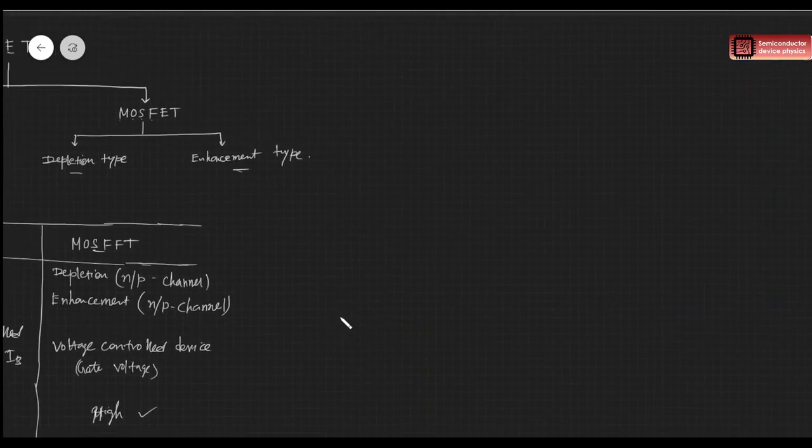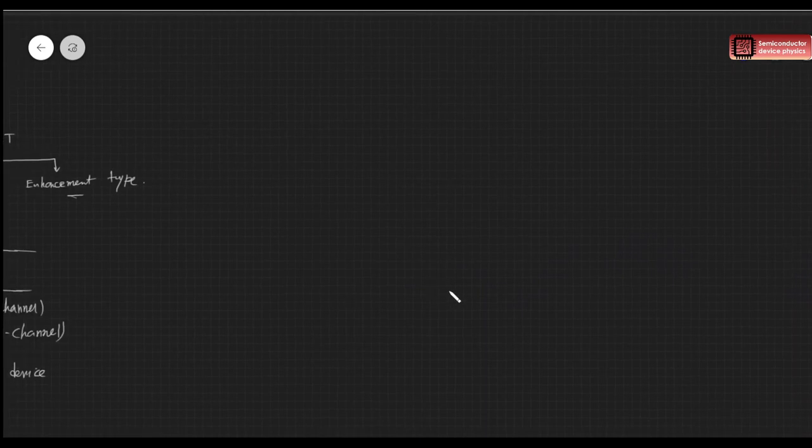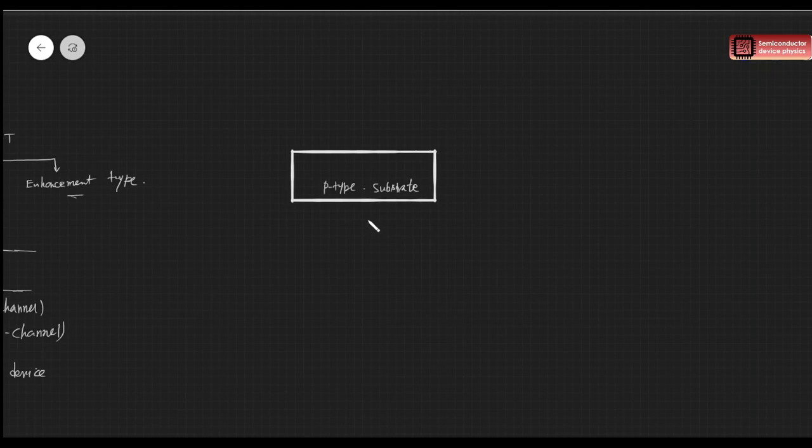A typical MOSFET generally starts with the substrate. It's made on a substrate. Let's say it's a p-type semiconductor, and this starting is what we call the substrate, and on top of the substrate we build the different components.